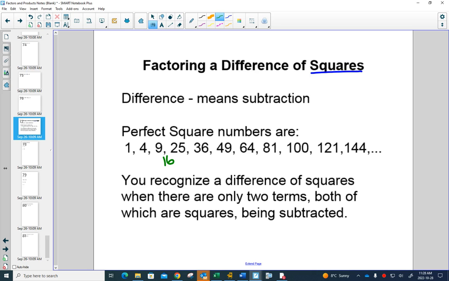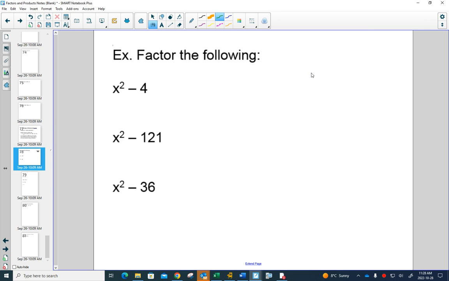So, here's an example of differences of squares. And something very pretty happens when we factor differences of squares.